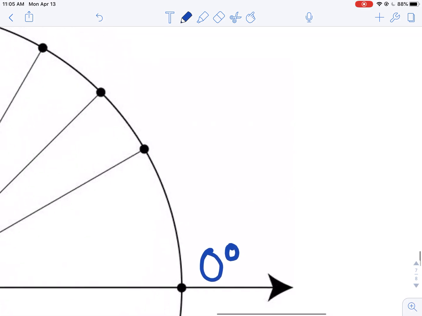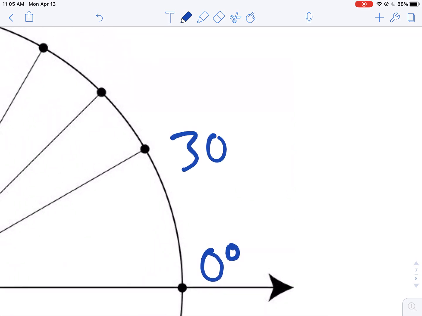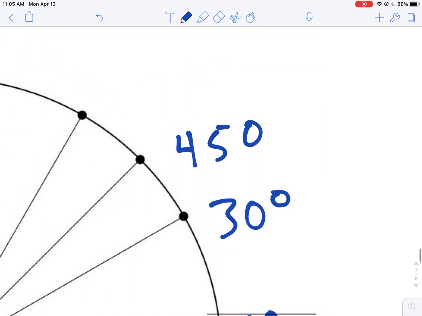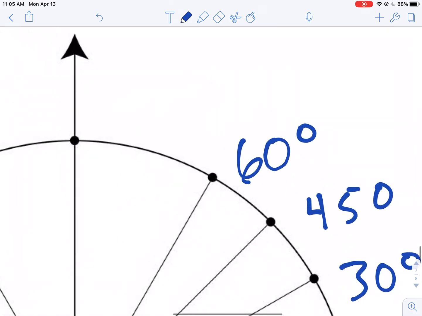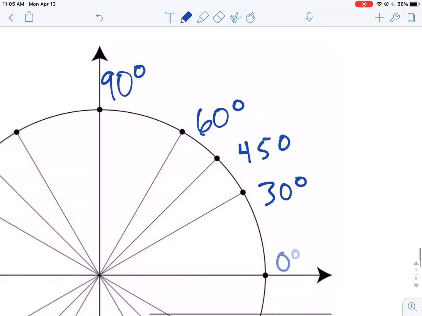Starts at 0 degrees, goes to 30 degrees, 45 degrees, and 60 degrees. And then we already know that a quarter revolution is 90 degrees. You guys learned that last week. So now that I know this, I can start thinking about some patterns. The first, as I move from my x-axis to my first angle, I add 30 degrees.